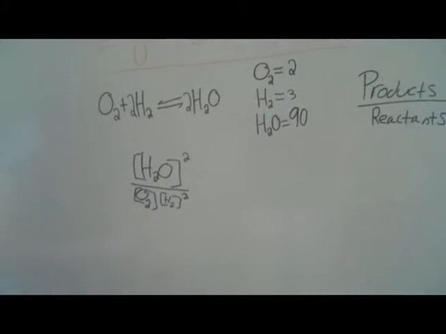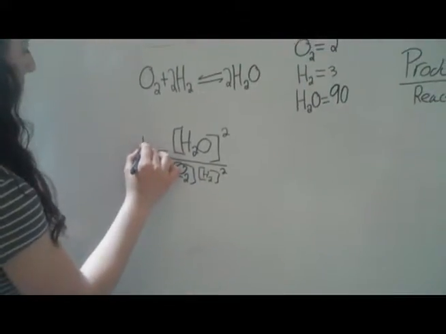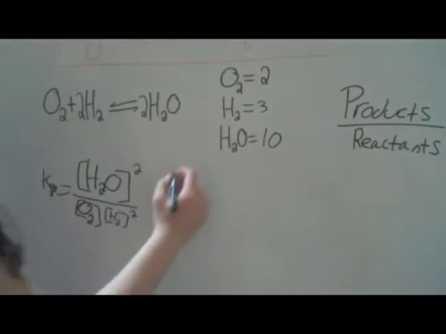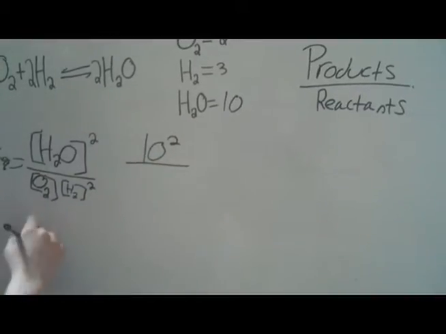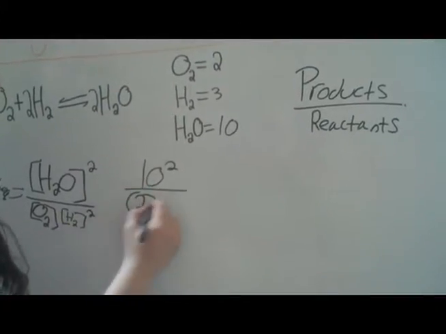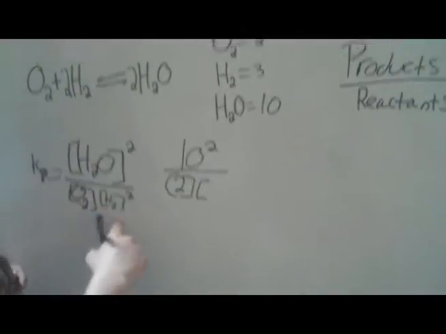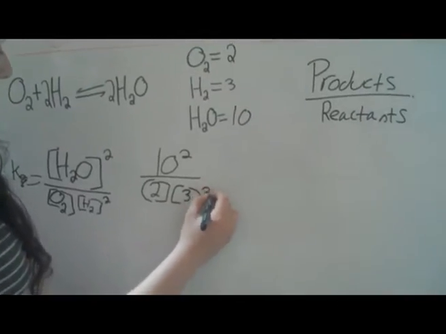So now to actually solve for K, or the constant, like in Germany they spell it with a K, the products on top would be 10 squared over oxygen, which is 2, times, because it has to be times, you get rid of the plus sign, hydrogen, which is 3 squared.